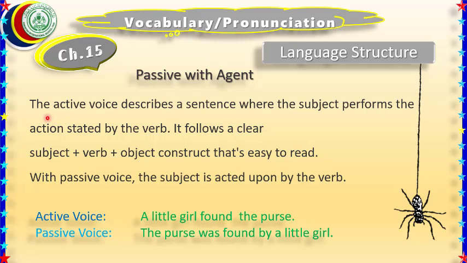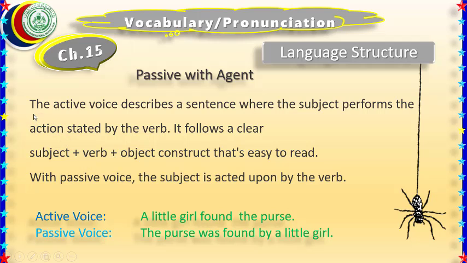Dear students, the sentence can be in active voice and the sentence can be in passive voice. You can see here in the examples, the first sentence is given in active voice and the second sentence is given in passive voice, but the meaning of both sentences is the same. Let us try to understand here.